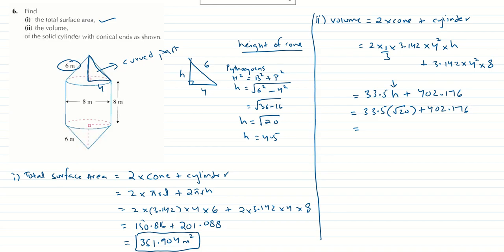So when you calculate this, this will be 33.5 multiplied by root 20 plus 402.176, 552 meter cube is the collective volume of this container.